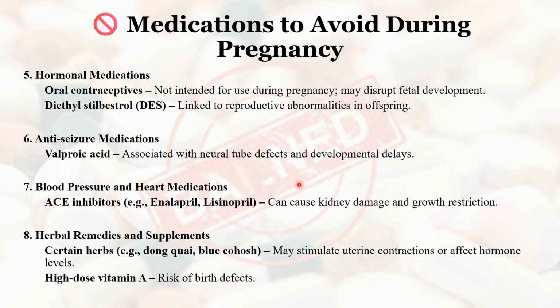Anti-epileptic and anti-seizure medicines also cause problems for your babies. And for blood pressure, that's why it is called PIH, pregnancy induced hypertension. If you are taking medicines for that, it is going to cause kidney damage and growth restriction in your baby.